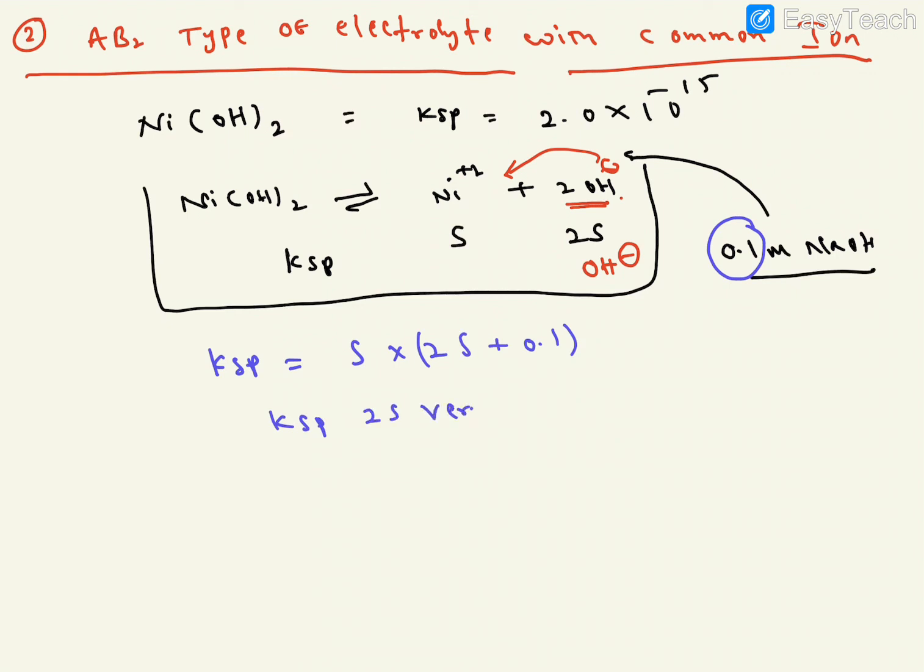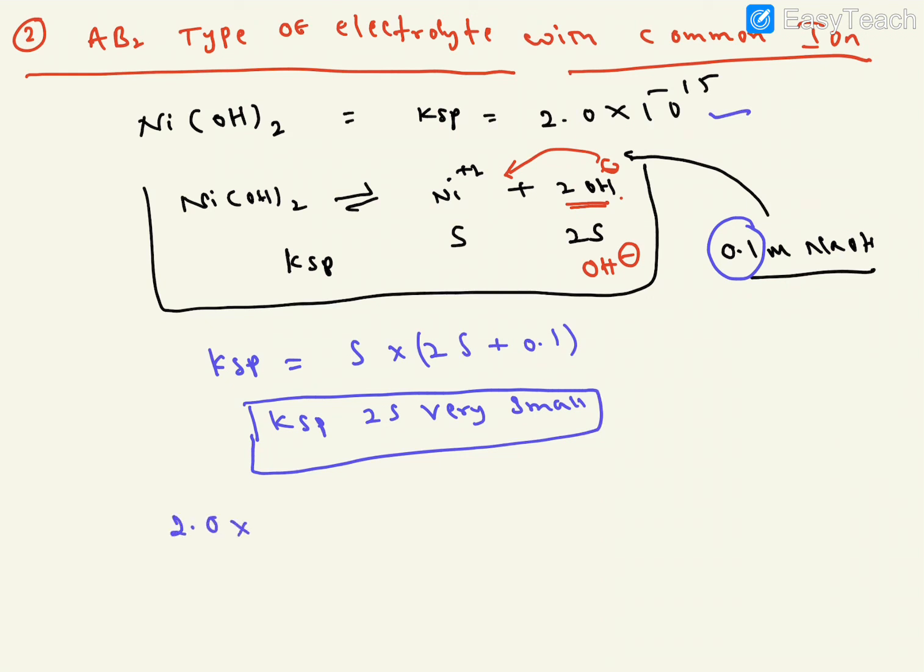Already we know the 2S value is very small, because it readily combines with nickel and reverses the reaction. So we can neglect the 2S value.